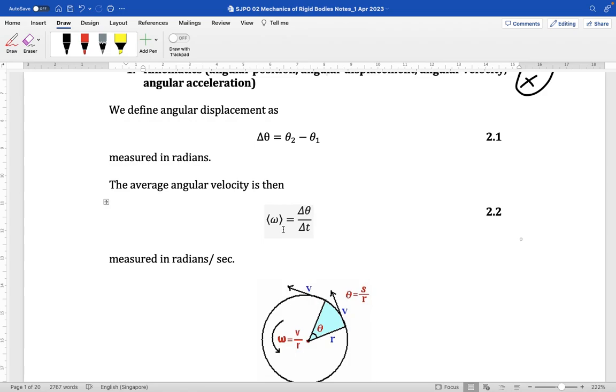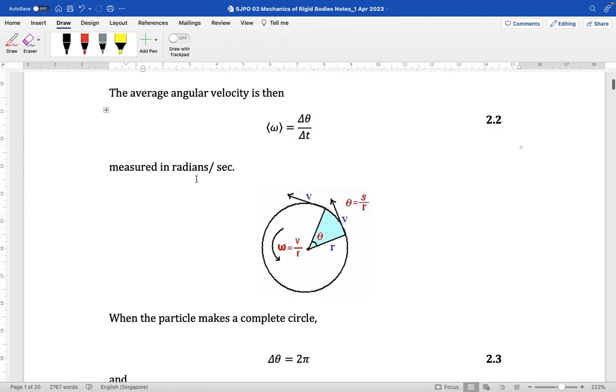So this entire section on your left-hand side is omega, which is the average angular velocity, equal to the change in angle over the change in time. So omega equals delta theta over delta t, measured in radians per second.